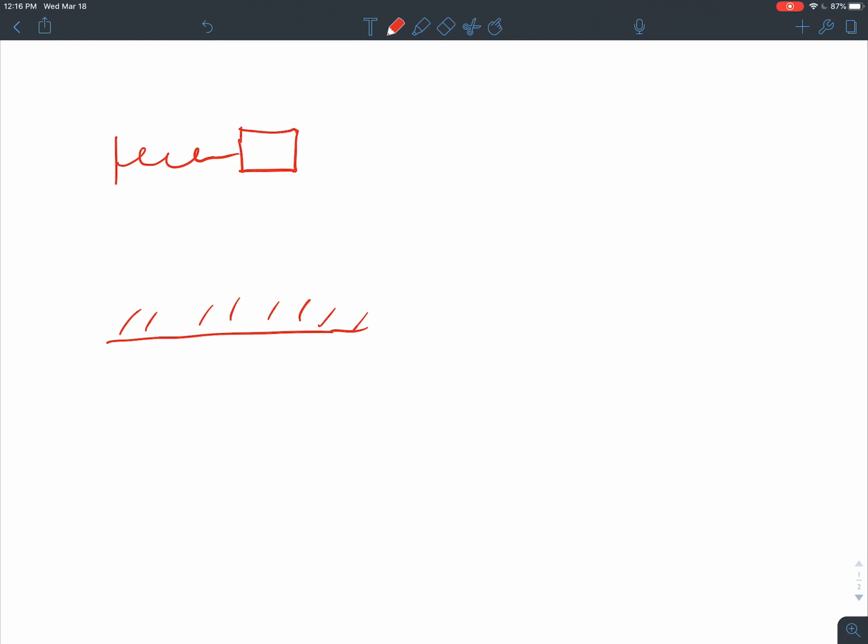I'm going to make it a little bit wider. Right here is where they want to be. So this is x equals 0 for the spring and mass system, and this would be theta equals 0 for the pendulum. It's theta, and this gets pulled a distance over here.